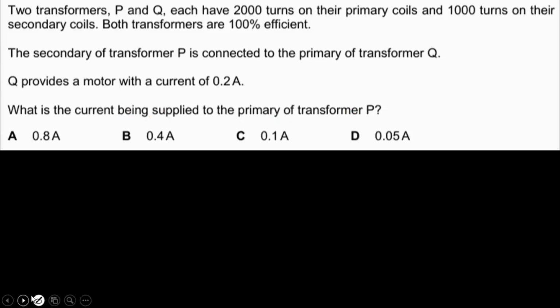So let's first understand the arrangement here.